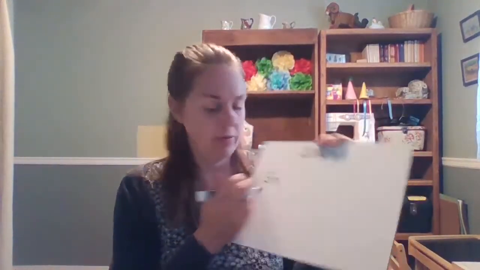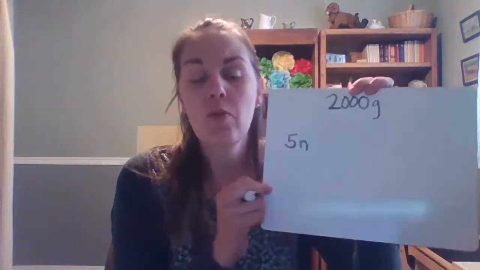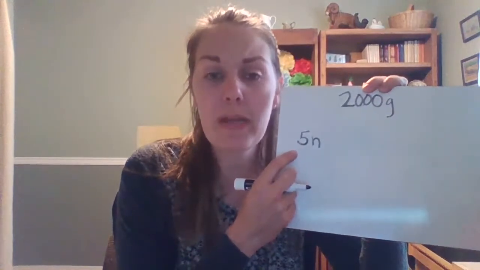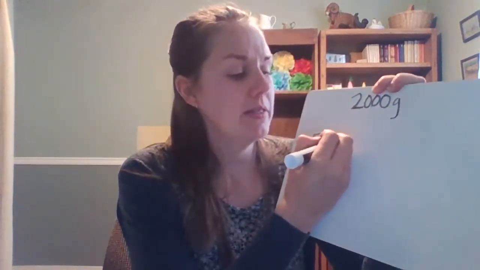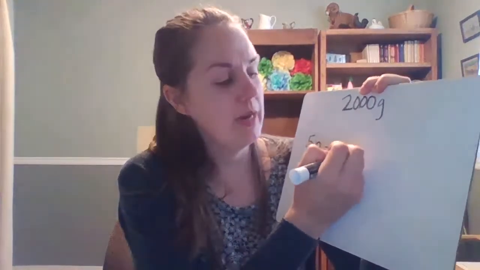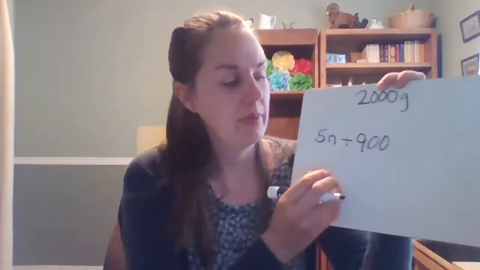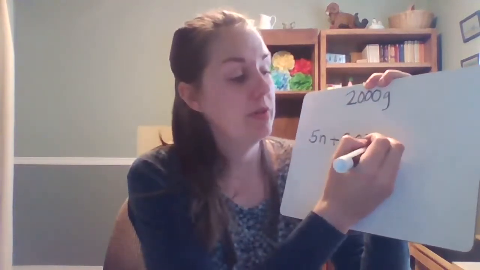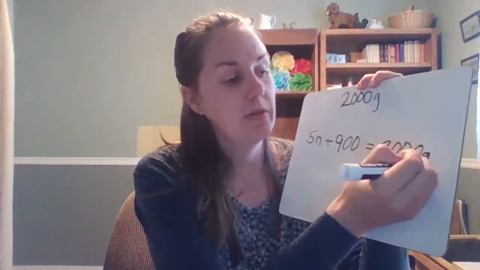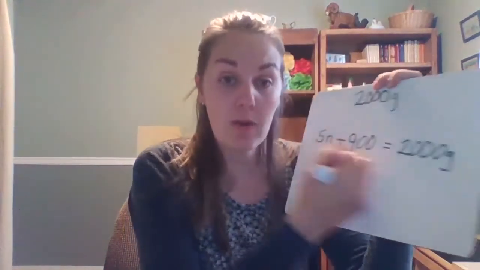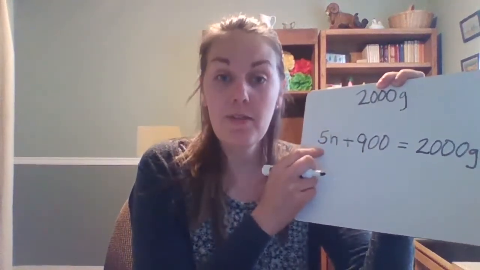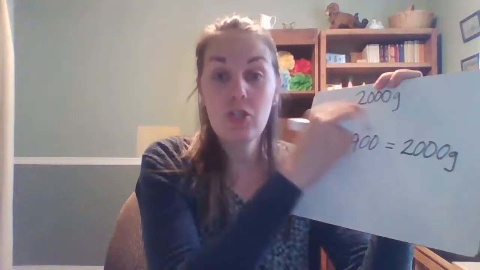So 5n, remember, is what we're using to say the number of quarters times 5, the weight of each quarter, plus 900 grams equals 2,000 grams. So remember that the bar model was saying that we had the 900 plus the 5n equals the 2 kilograms.